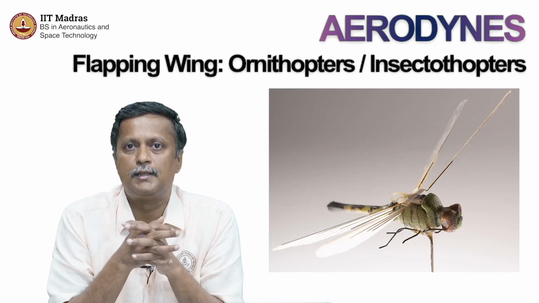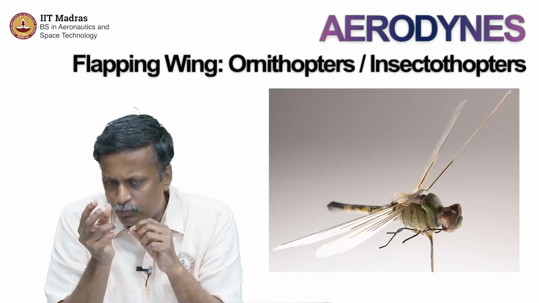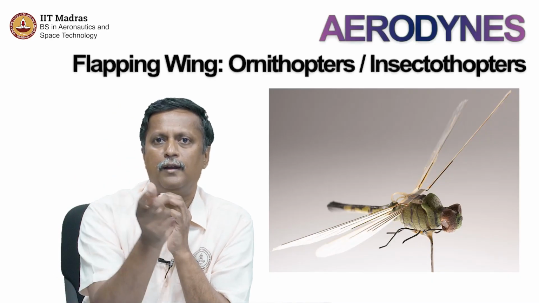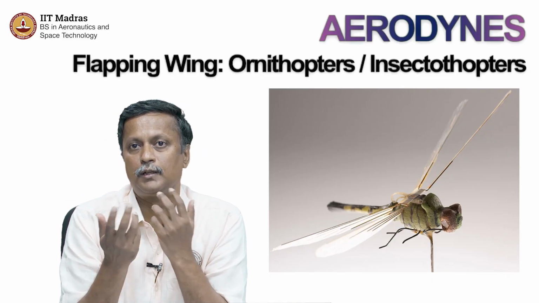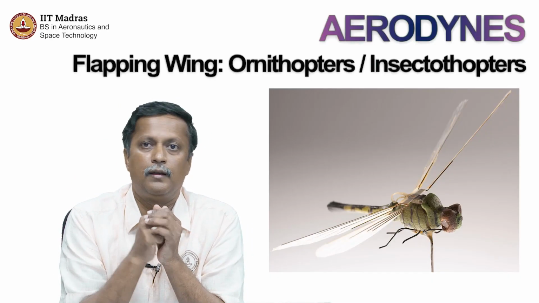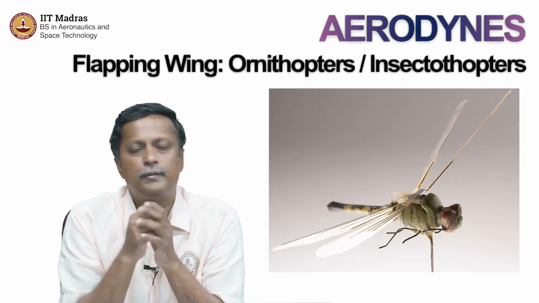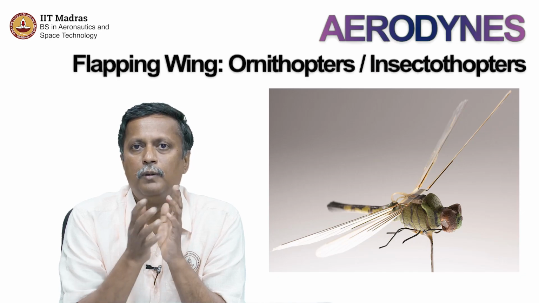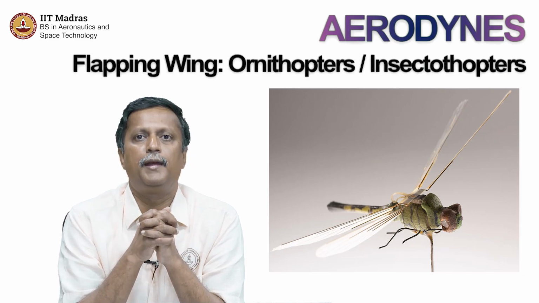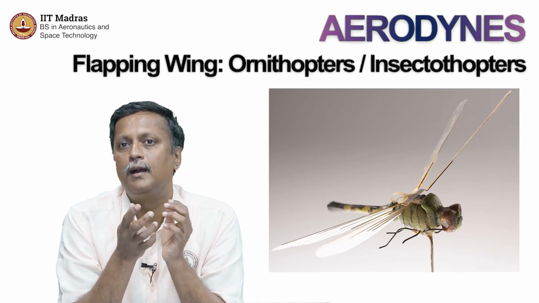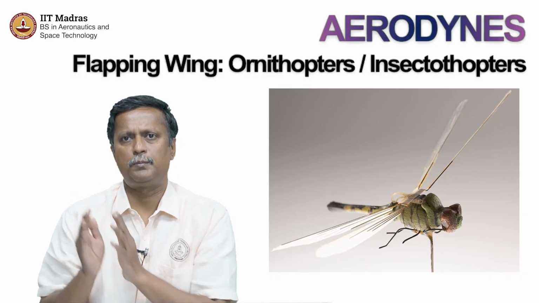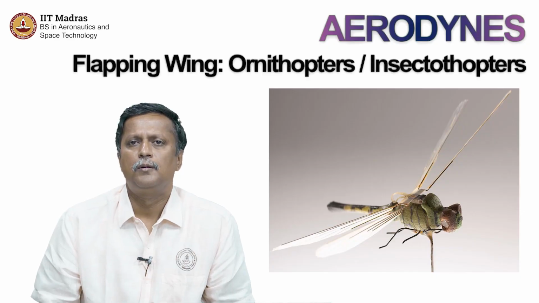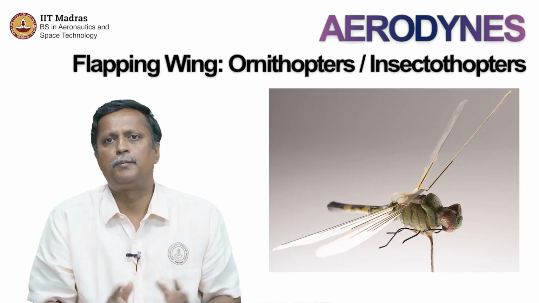However, we may want to use them in certain stealth applications, as in if I want to develop very small UAVs which go in and do some surveillance without other people noticing. In a rotorcraft, people may pick up the noise, whereas the flapping wing structure may generate noise similar to a small bird or whatever it is, and thereby make them slightly undetectable, right? So ornithopters and insectopters have certain niche applications, but not a very wide range of practical applications.